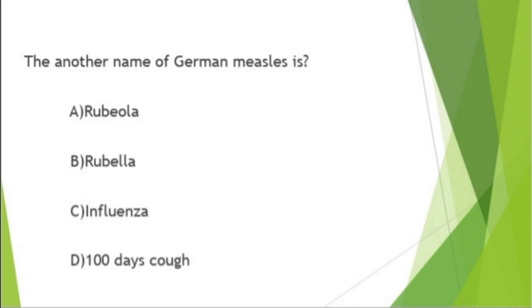Rubella was initially considered to be only a variant of measles or scarlet fever, but in 1814 it was first described as a separate disease in the German medical literature. That's why it is otherwise known as German measles. The name rubella derived from a Latin language, so it means little red.